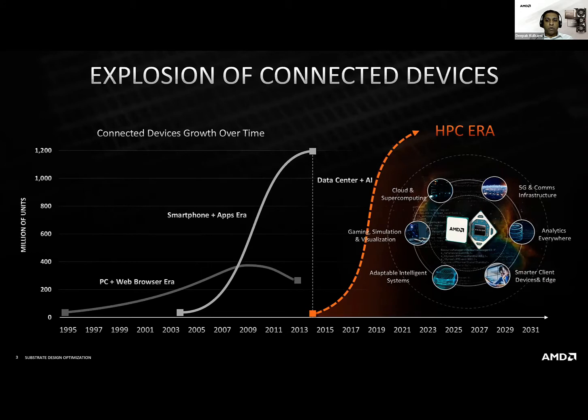What we see now, with the advent of the data center and artificial intelligence applications, along with the benefits that 5G architectures provide for connected devices and edge intelligence, is another explosion in the demand for compute. Our focus at AMD has been on how we support this significant increase in demand for high performance computing.